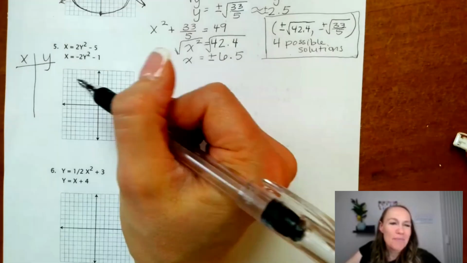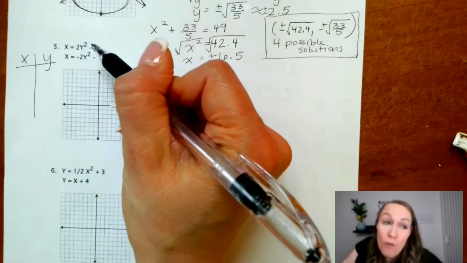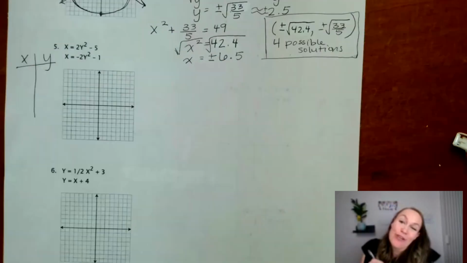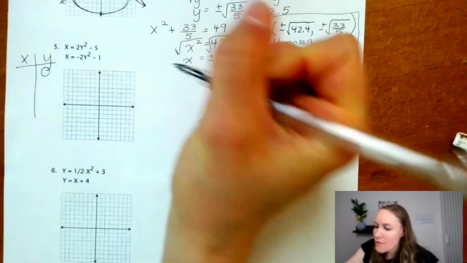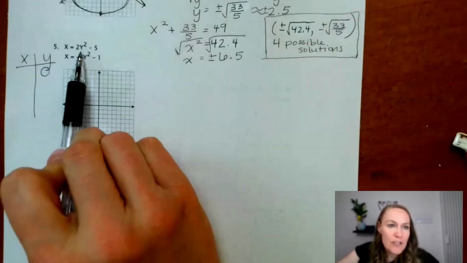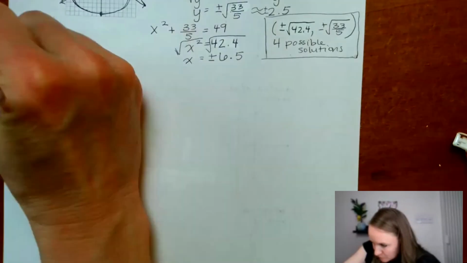So I'm going to plug in values for y and see what I get for x. Let's go ahead and plug in 0. If I plug in 0 for y, I get 2 times 0 is 0, and so I'm just left with -5.